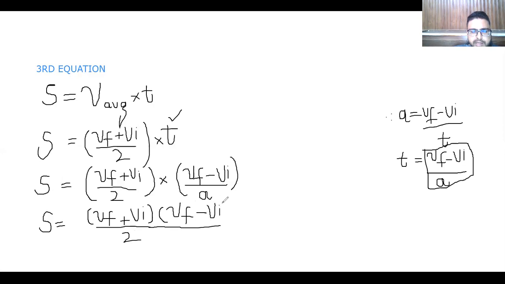As you can see, I have multiplied both the numerators together. Same goes with the denominators. We are multiplying 2 with A, right? So this is what we did.